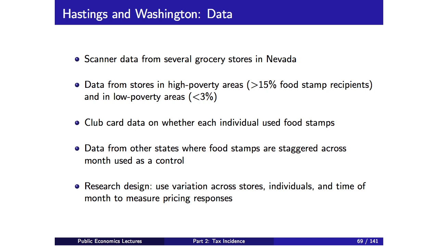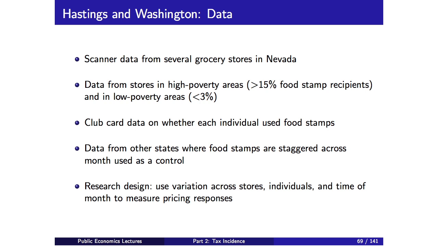So they have, at the individual level, variation on whether you used food stamps or not, and then at the store level, variation in the number of people who are showing up with food stamps. Remember, it's the store level variation that's relevant for incidence, right? Because the store cannot price discriminate.